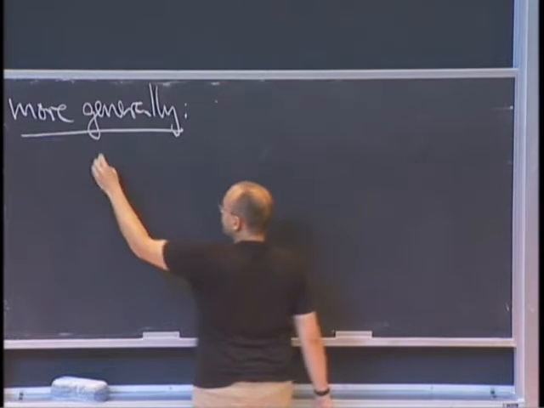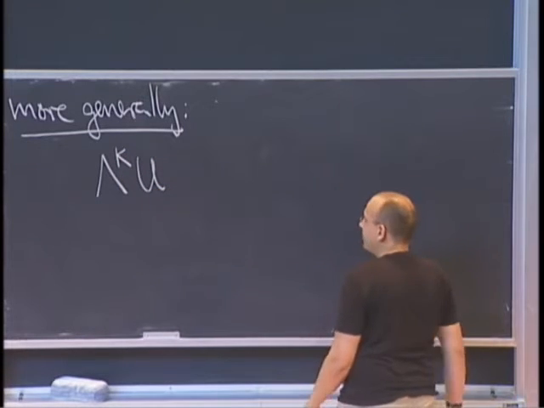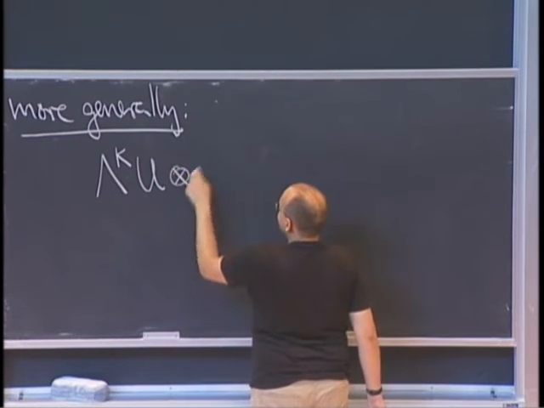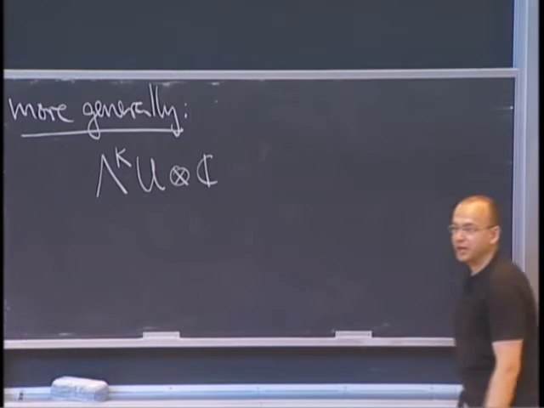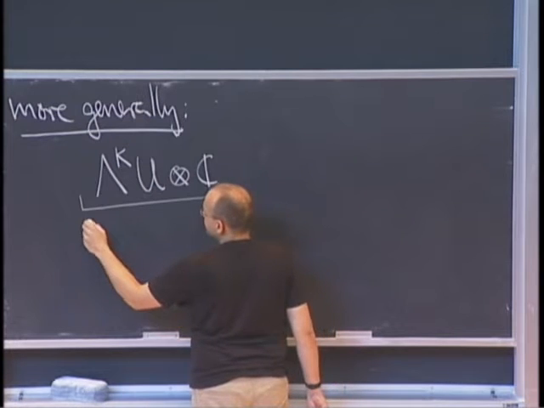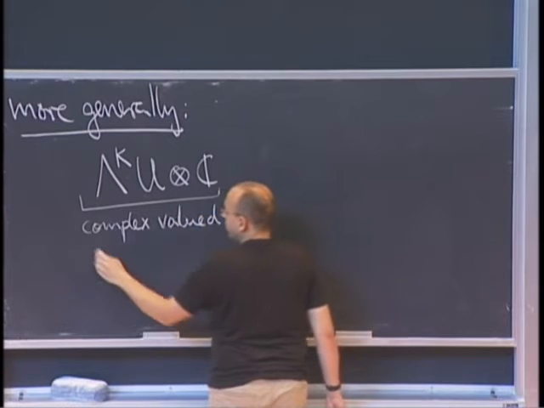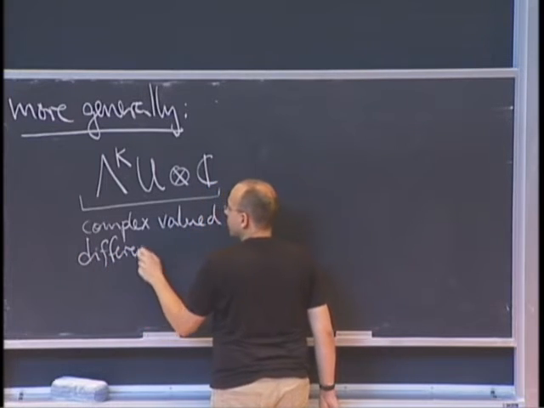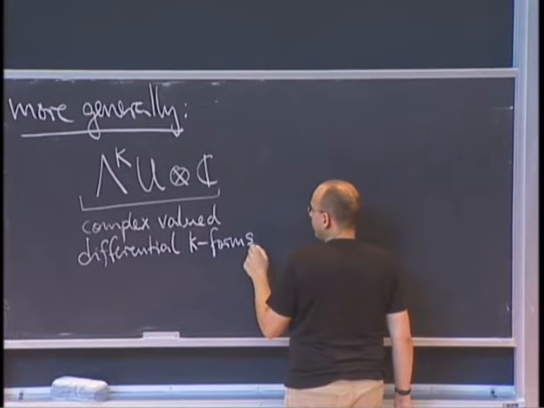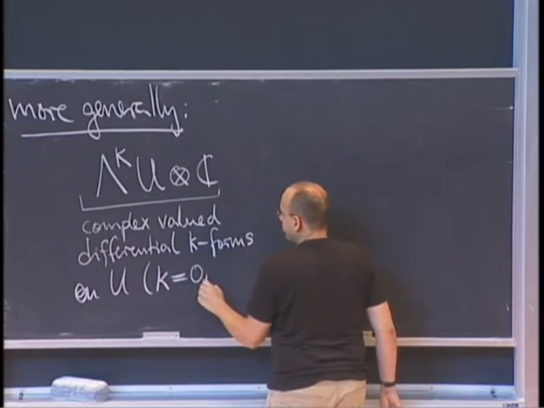Okay. You have your domain in Cn. You take differential k forms on that domain, and you tensor them with C, meaning you're looking at complex valued k forms, k forms with complex coefficients, on U. And here k is between 0 and 2n.